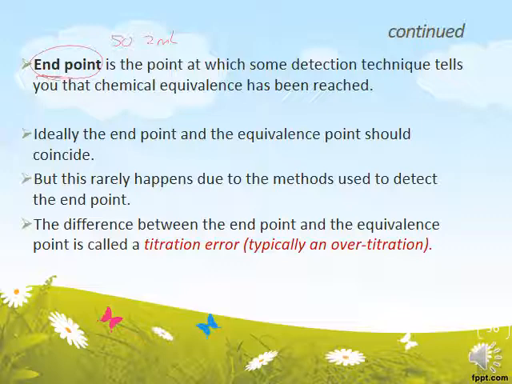Of course, ideally the endpoint and the equivalence should be the same, but that is very rare. So the difference between this endpoint here and equivalence point we call as titration error, typically an over titration.